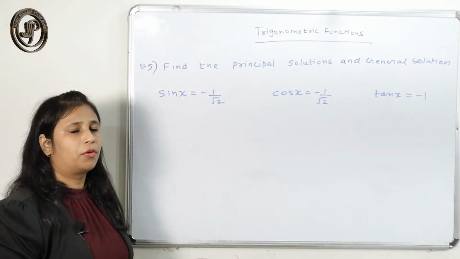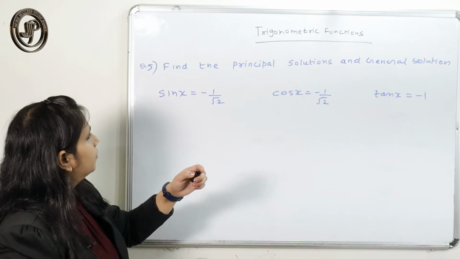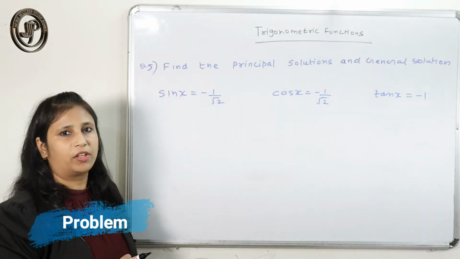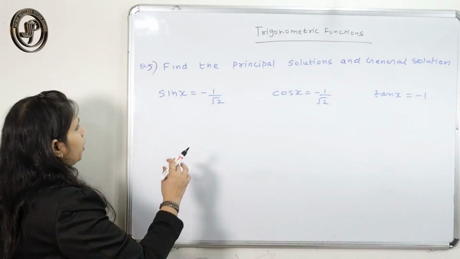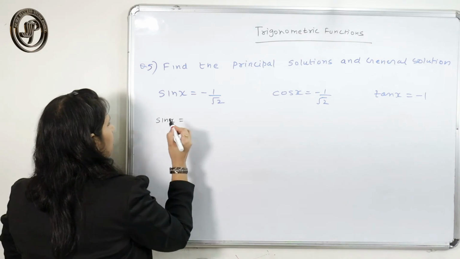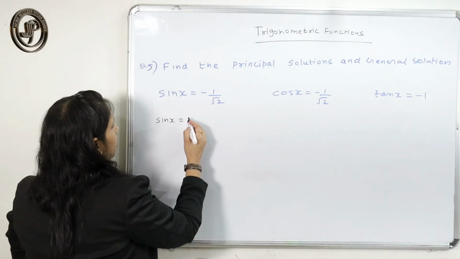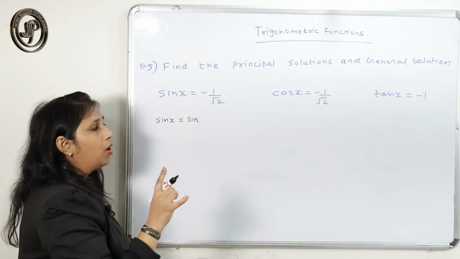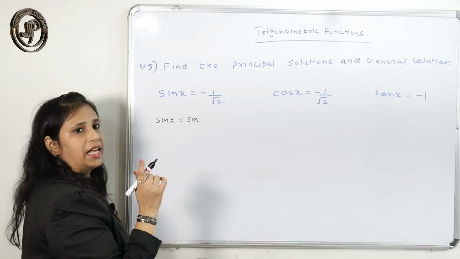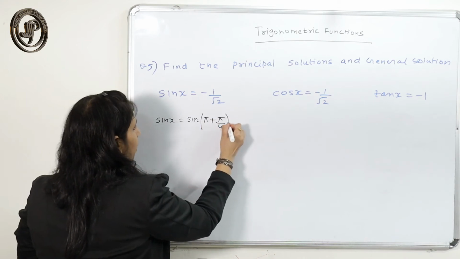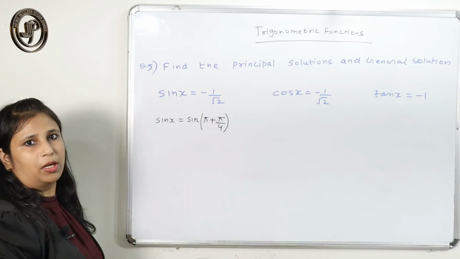So for your better understanding, I have taken three examples here where all three trigonometric functions are negative. In sine, if it is negative, how can you solve this? We know that sine is 1 by root 2 at pi by 4, but if it is negative, then you have to do pi plus pi by 4, then the sign becomes negative.